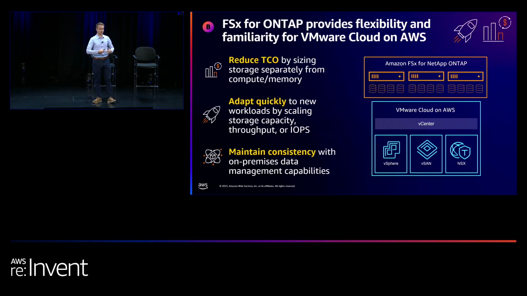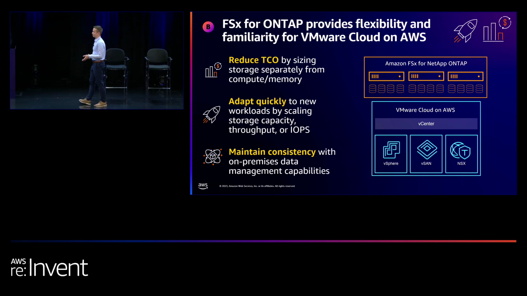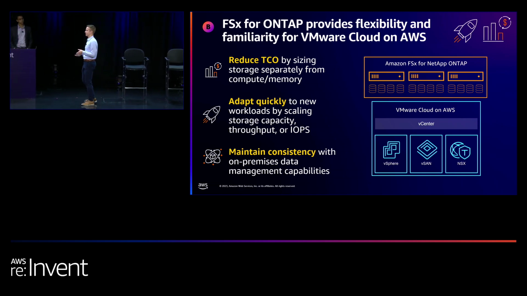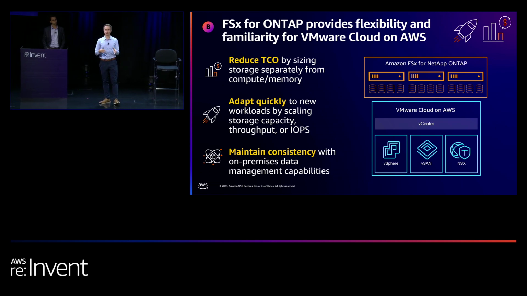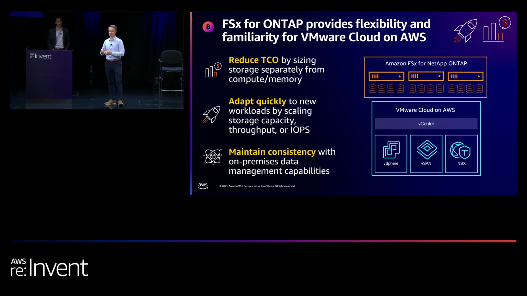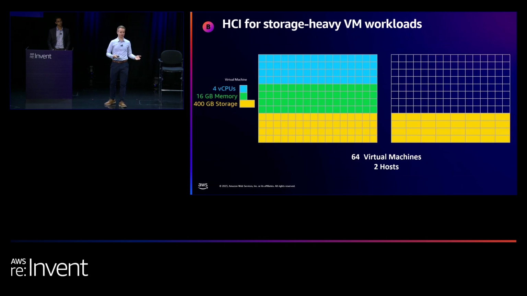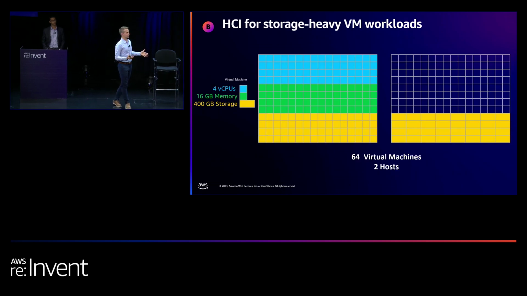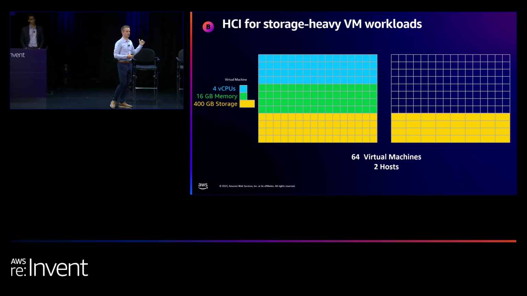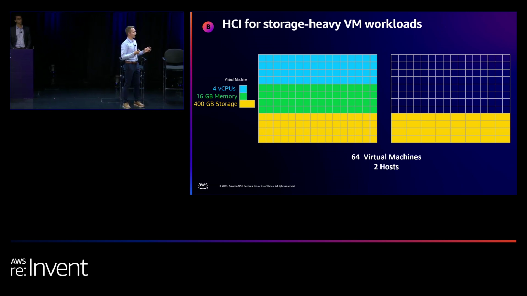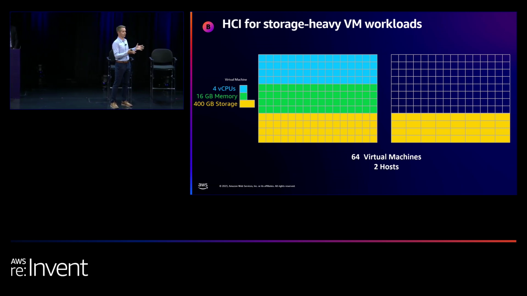So just last year, we collaborated with the VMware team to launch an integration between VMware Cloud and FSx for ONTAP that allows customers to use FSx for ONTAP as a data store for VMware datasets. So in short, if I go back to the previous slide, what this would enable a customer to do is have a VMware hyperconverged server on that left-hand side, with storage and memory and CPU all built in, and place many of the VMs there.